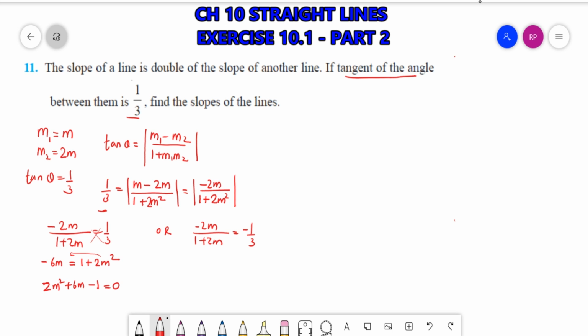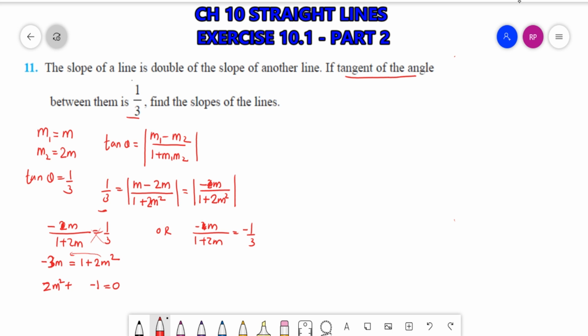Sorry, here we have made a mistake. m minus 2m will be equal to minus m, not minus 2m. So it's minus m upon 1 plus 2m square, and cross multiplying gives minus 3m.